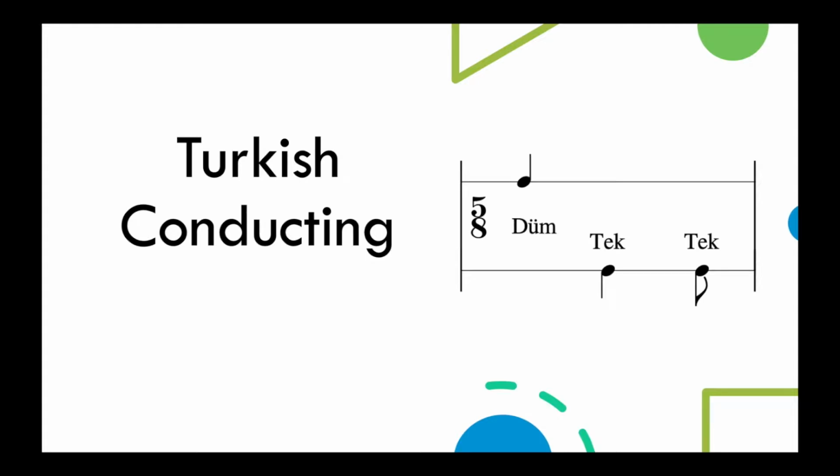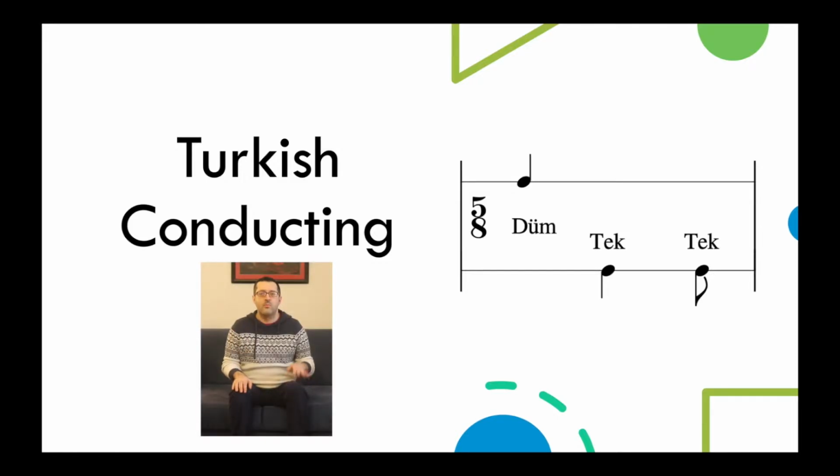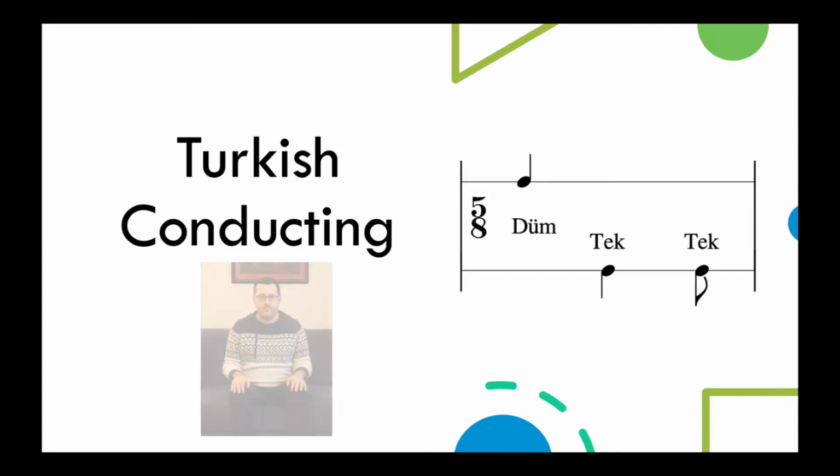So we have this sort of 2 plus 1 kind of grouping. And the way that we normally would reflect this in the conducting pattern is this way. Dum, tek, tek, dum, tek, tek, dum, tek, tek, dum, tek, tek.